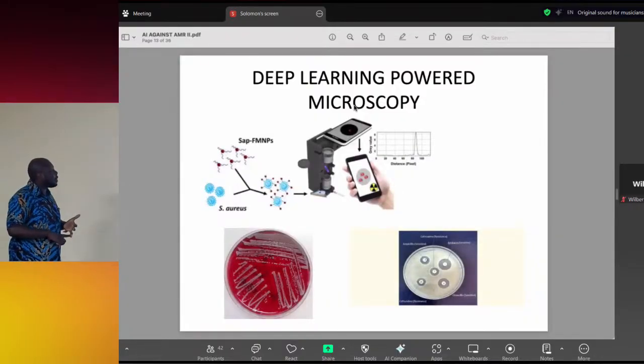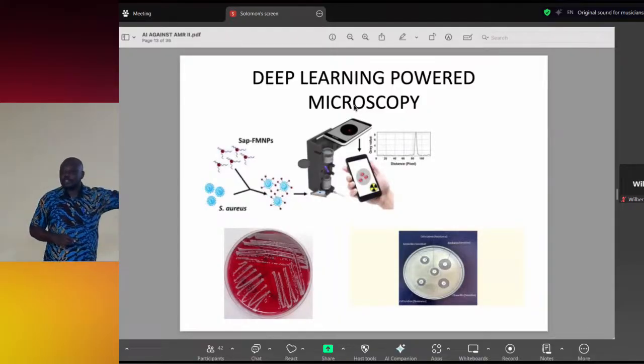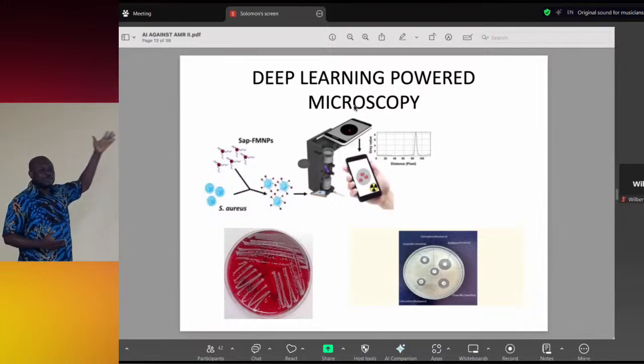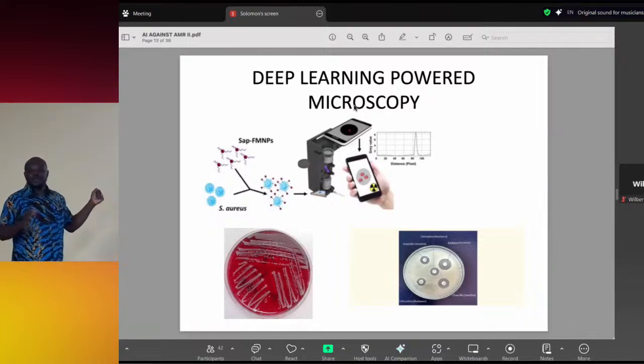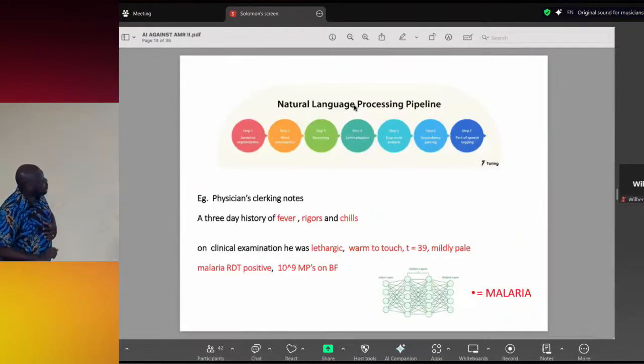If the doctor or the hospital can afford a microscope and there's a smart camera, it means we can be detecting some of these things early in remote areas, and all these measures contribute to reducing antimicrobial resistance.